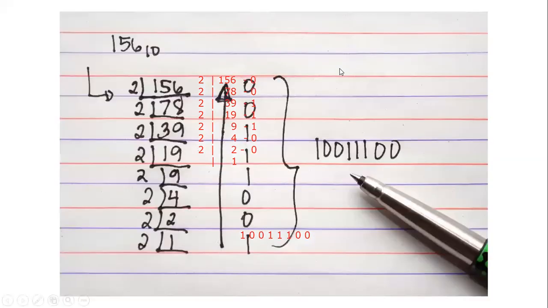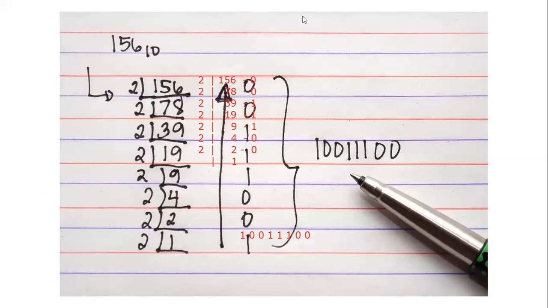Start from the bottom. So 1 0 0 1 1 1 0 0. Yes, this should be the answer of 156. 10011100. Let's see the answer. 10011100.